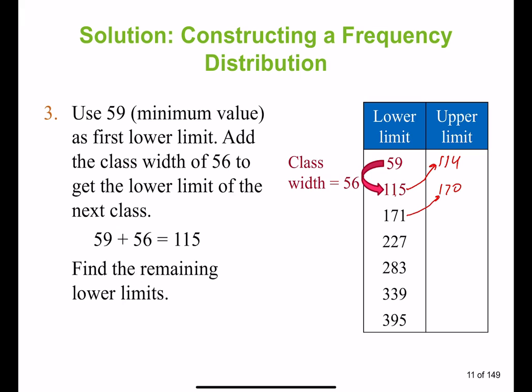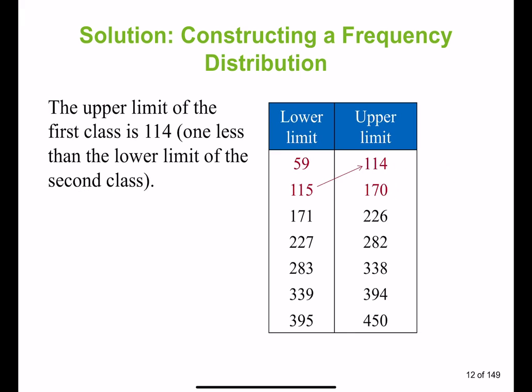Here we go. See, here we have the upper limits. If it's 115 here, then we have 114, 171, 170, 227, 226, and lastly 395, 394, and then we found the end by 450 plus 56, right?